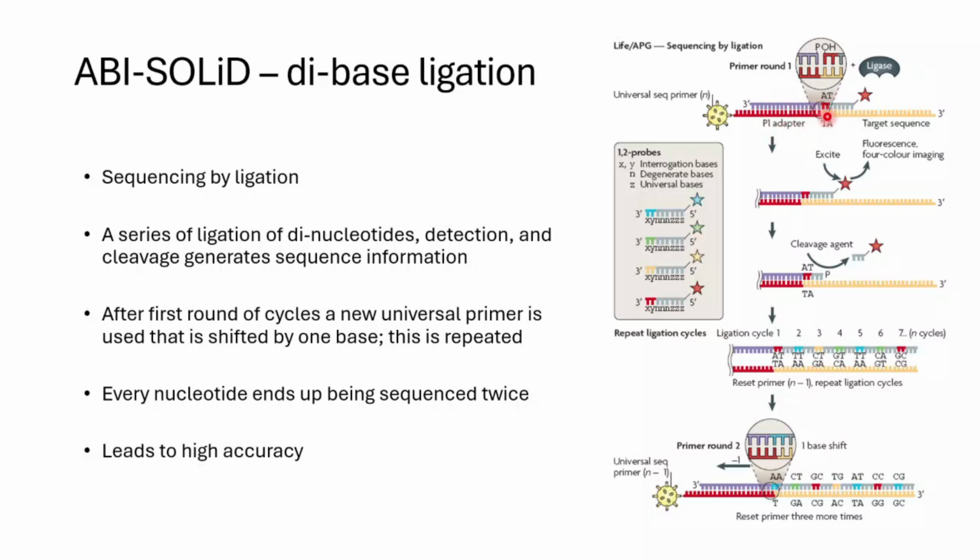At first, your primer, sorry, not probe, will be exactly at the same position as the end of your adapter. So you start at the same position. Then, depending on these bases here, you will be ligating different probes.